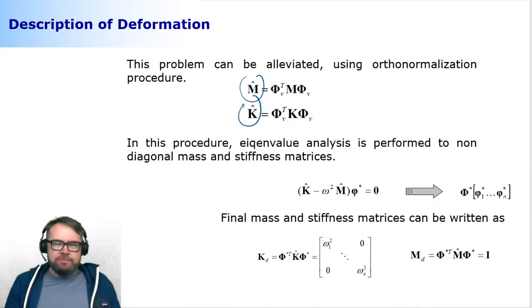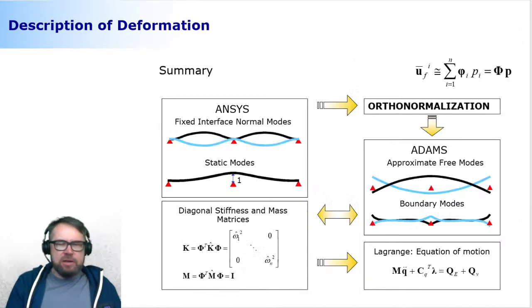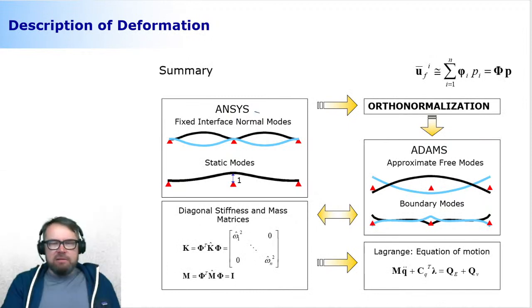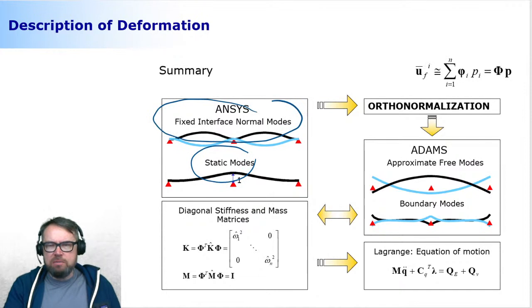And this new eigenvalue analysis is called the normalization procedure. And now you can get the modes that are roughly free modes and something that is called static correction modes. So here it goes. You get these fixed interface normal modes and static correction modes.